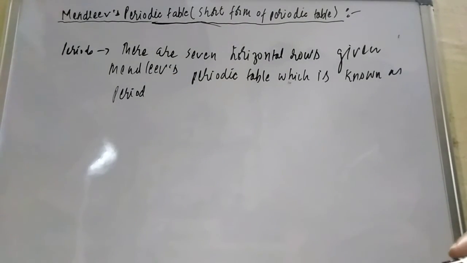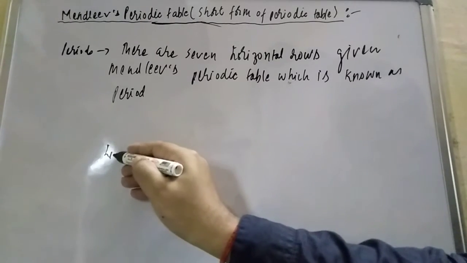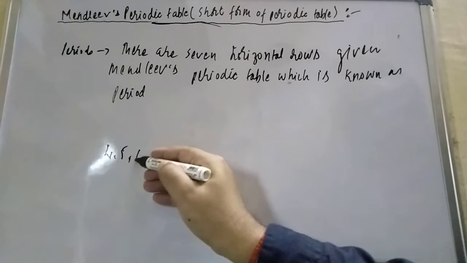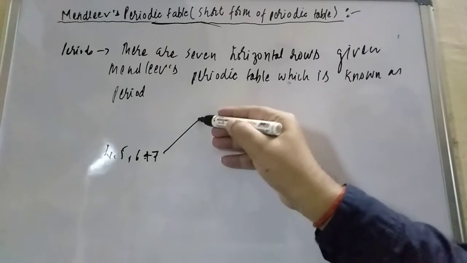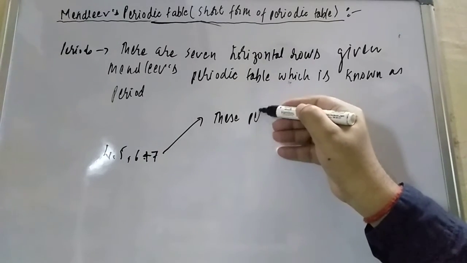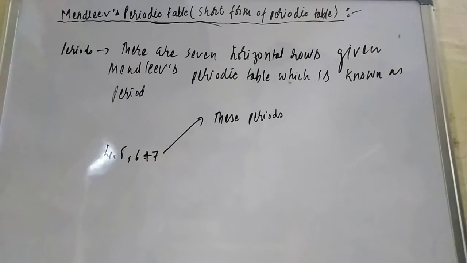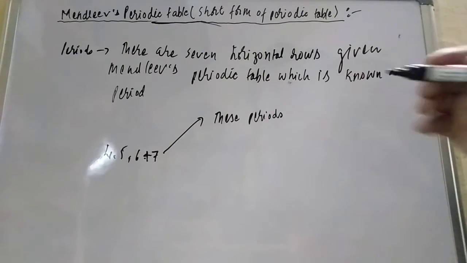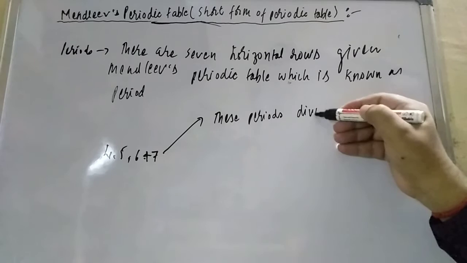But when you are talking about period number 4, 5, 6 and 7, these periods are subdivided into 2 halves. Okay, these periods are divided into how many?